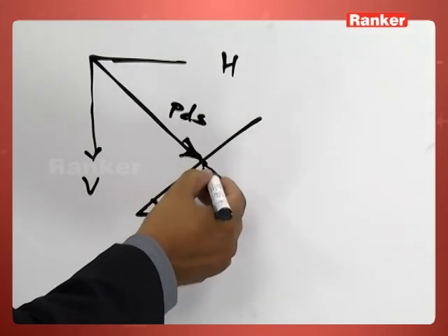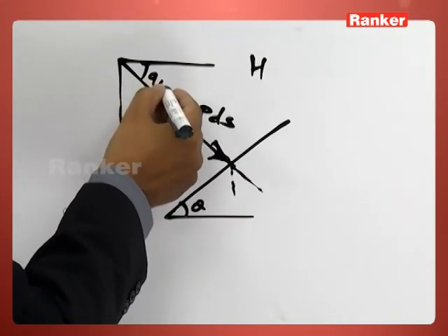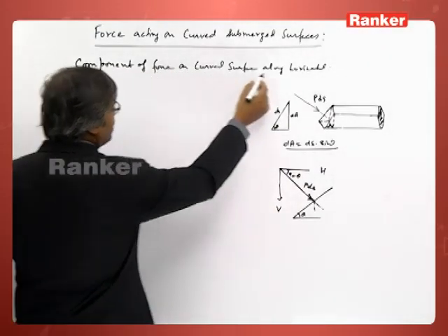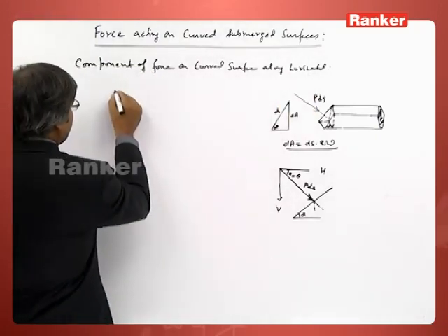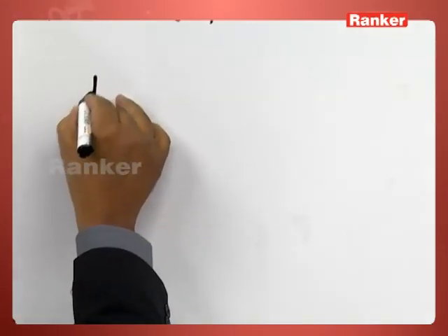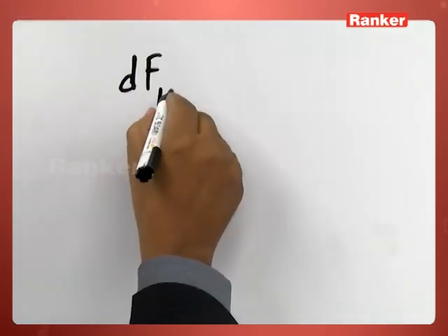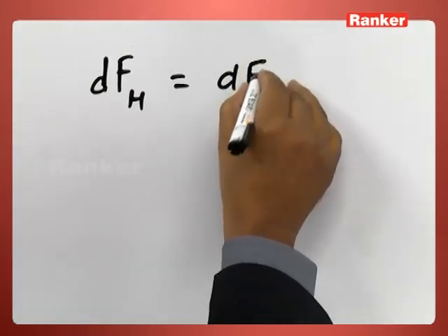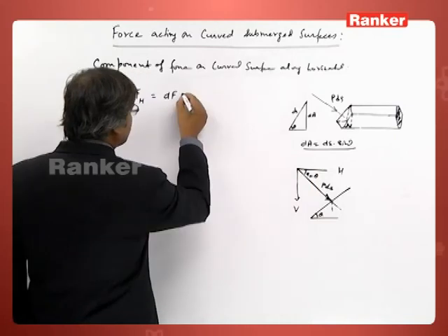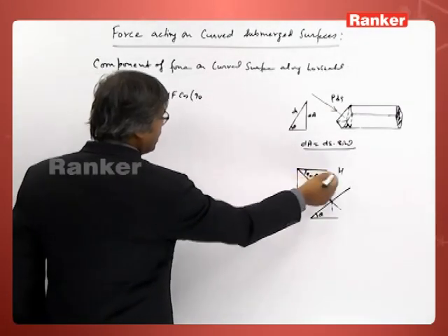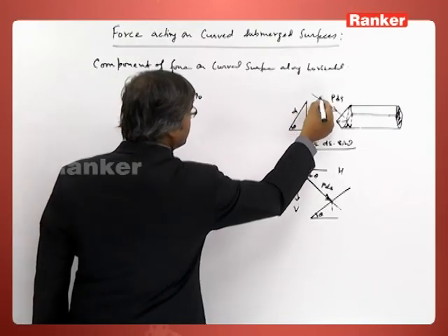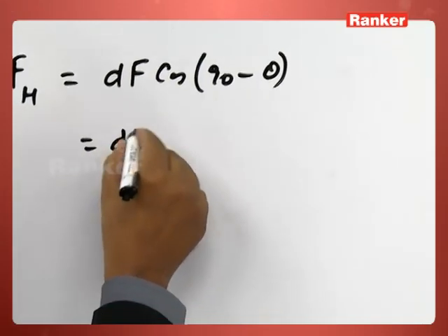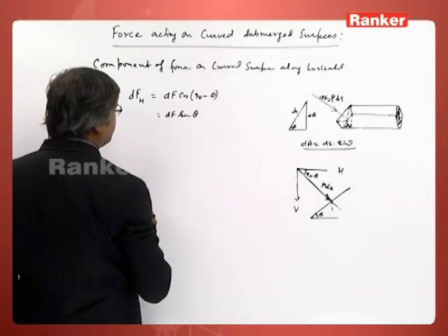So the component of force on the curved surface along the horizontal is dF times cos of 90 minus theta, that is dF sin theta.